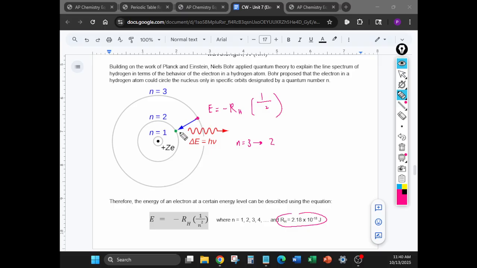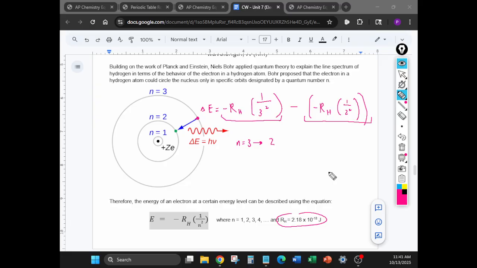If you drop in energy levels, basically all you would do is plug in 3 into this equation, minus the same thing, negative RH 1 over 2 squared. So if you're doing change of energy, just do the energy that you start with minus the energy that you end with.